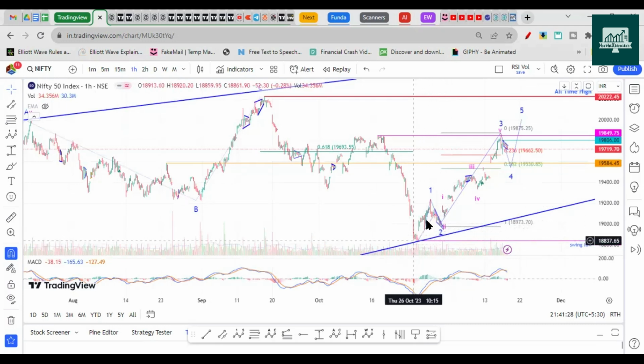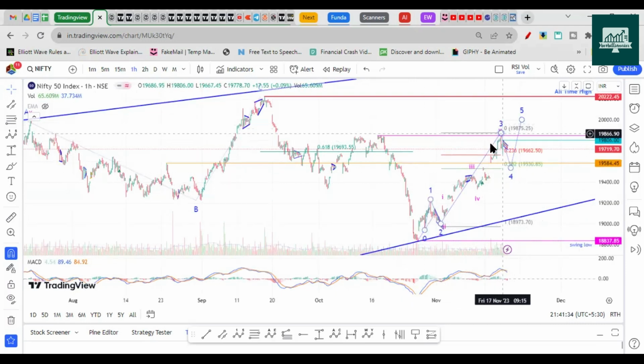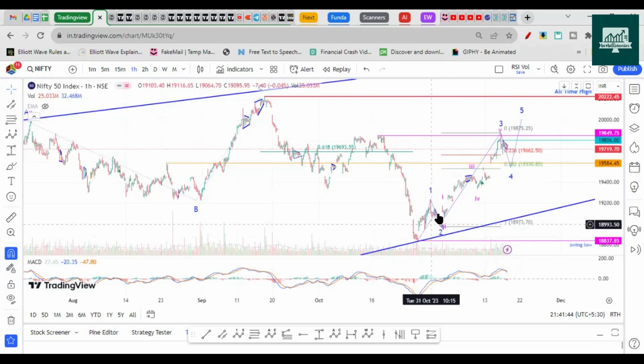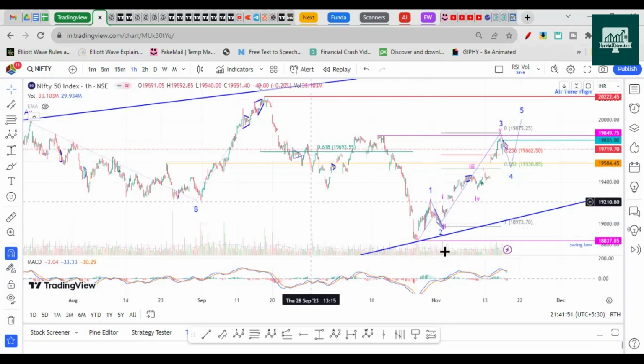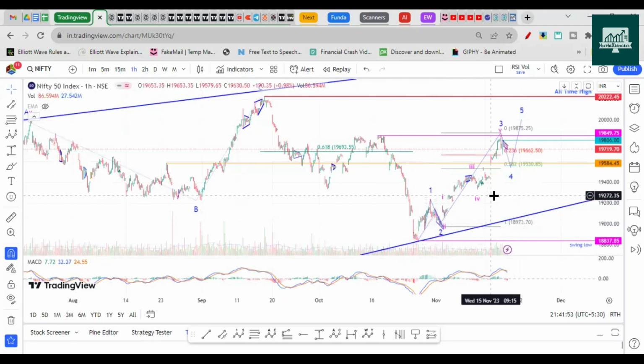But for now, I'm assuming this as a complete wave 1 and 2, and then the third completed here. The third wave is almost 200% of this entire move, so this third is extended. It's more than 1.618, so that is also valid. All the rules are fitting in, just that this three-wave structure is not fitting in properly. But as per the previous history of moves, this thing looks common.